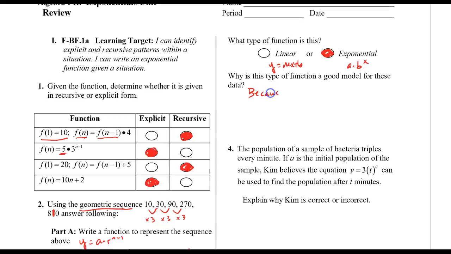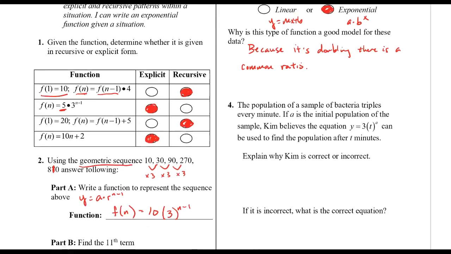Because it's doubling, there is a common ratio, and that's the definition of an exponential function. So some sort of explanation similar to that will be good enough.